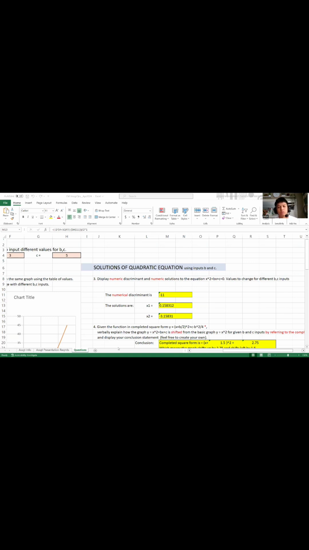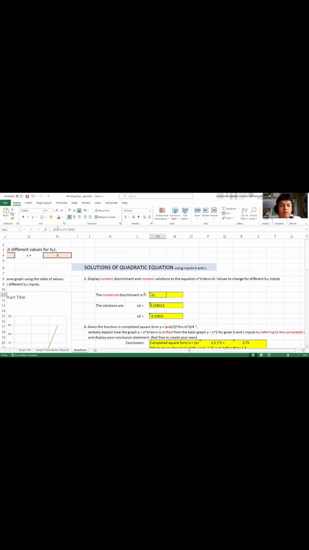Okay, now moving on to question number 3, displaying the numeric discriminant and numeric solutions. Now, using the formula b squared minus 4ac and substituting, obviously, the absolute positions of the values of b and c into the formula, it gave me negative 11, as you can see over here, the formula highlighted at the top.